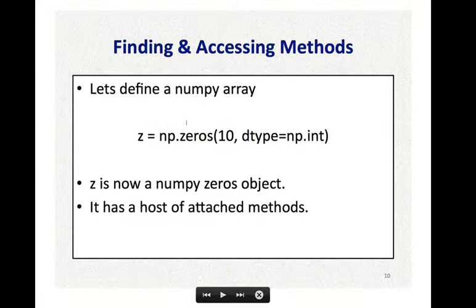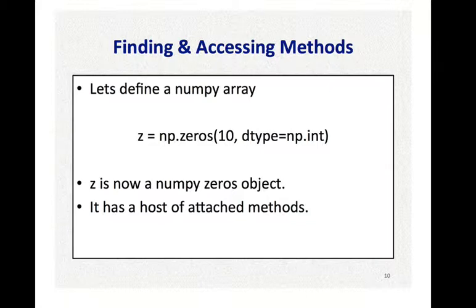The end result is this array, an integer array in this case, of length 10. It's stored in the variable z. Well, actually, it's stored somewhere in the computer. z is just your handle to this part of the memory where you can then play with it. And z is an object. It's a NumPy zeros object, created by a class that's defined by the NumPy zeros function.